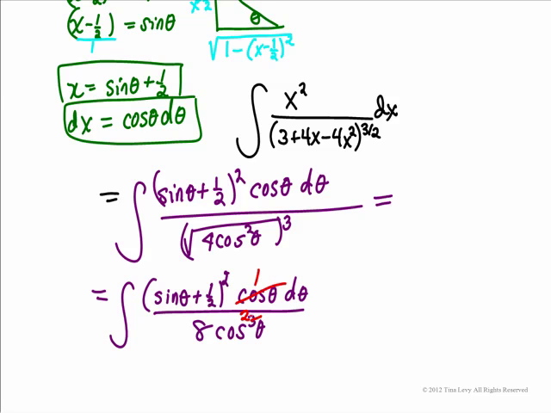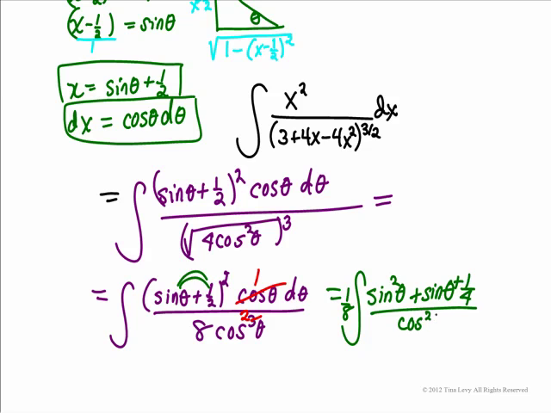I'm now going to write out the whole numerator by foiling that binomial, sine theta plus a half. What we get is sine squared theta. We've got a half sine and another half sine, which is a full sine, and a half squared is a fourth. And then we had an 8 here, so we have 1/8, and this is all being divided by cosine squared theta d theta.